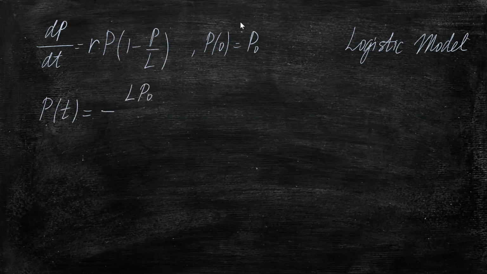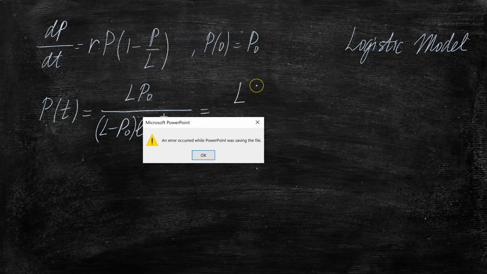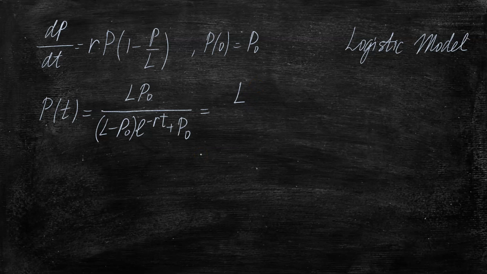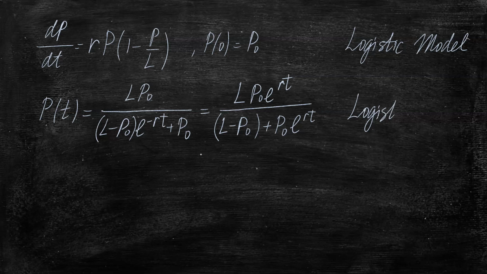So it's L P0 over L minus P0, and again, this is R. Alternatively, we can have that extra e to the RT here, and here. And this is what we call the logistic equation.